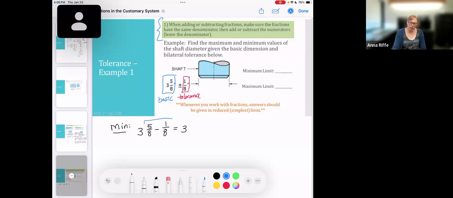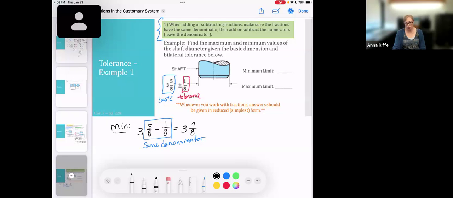I can note that if I want to subtract one fraction from the other, they have the same denominator, which they must if I want to subtract fractions. I'm going to subtract specifically the numerators. So 5 minus 1 is 4, and then that denominator of 8 just gets carried along.